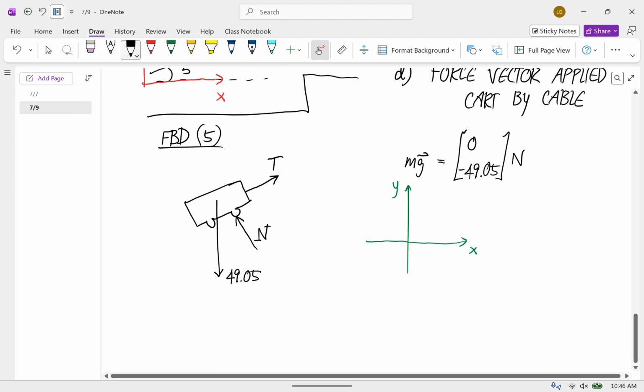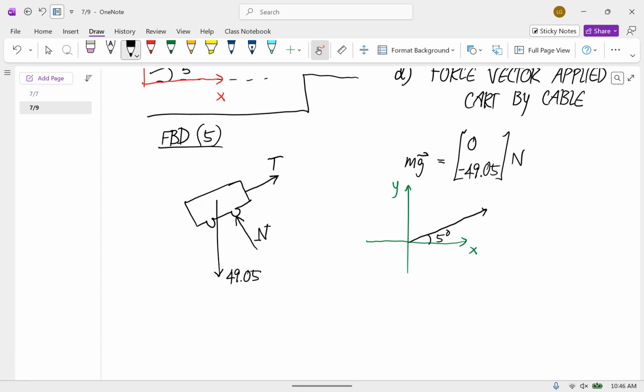So we know that this cable force is in this direction where this is 5 degrees, and the magnitude here is T. Now this is just like one of those vector problems that you did, where we know the magnitude is T, and we're just multiplying that T by a unit vector.